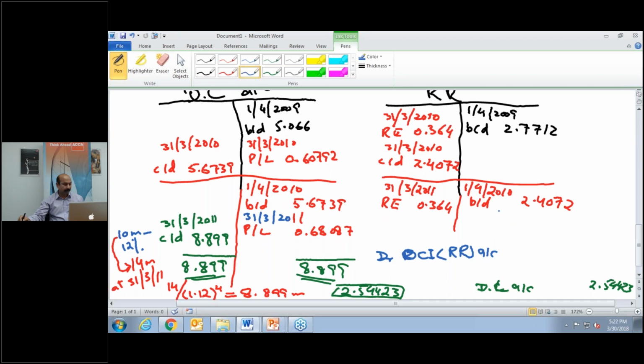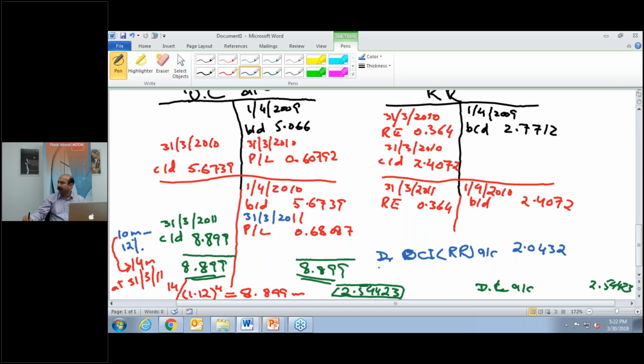So what is the balance within this account? It is 2.4072 minus 0.364. So this means we have 2.0432 out of this 2.54423, because this asset has got revaluation surplus, so we will debit the revaluation surplus with this amount, which is the total revaluation surplus related to this asset. But still there is a difference.